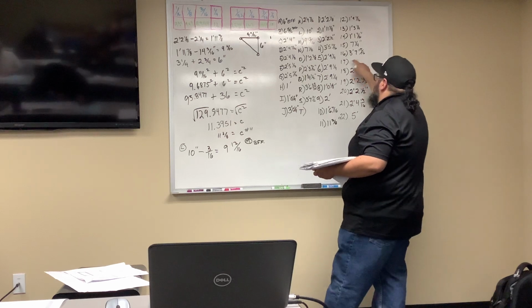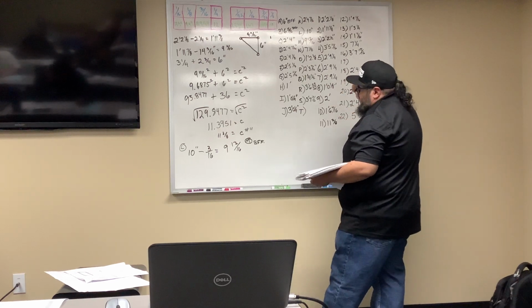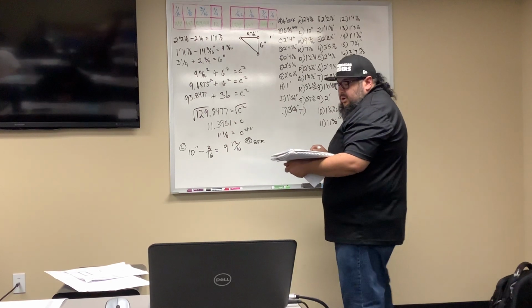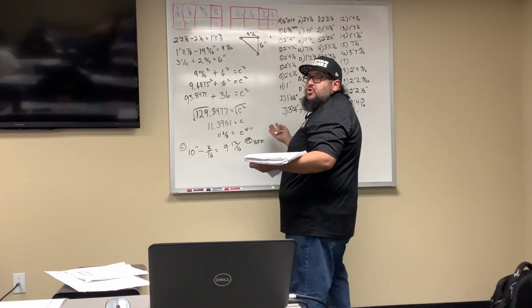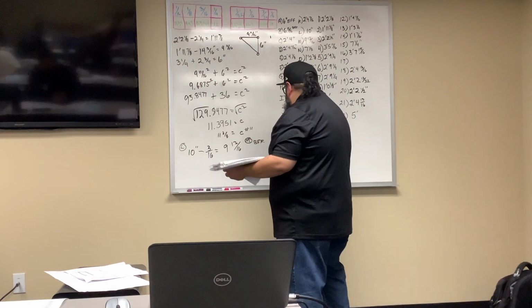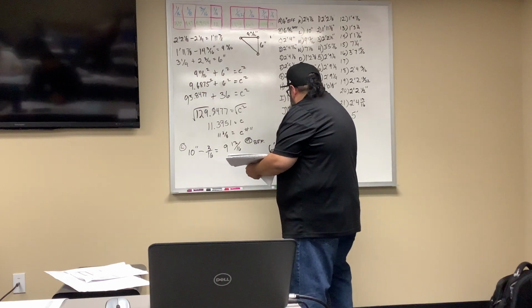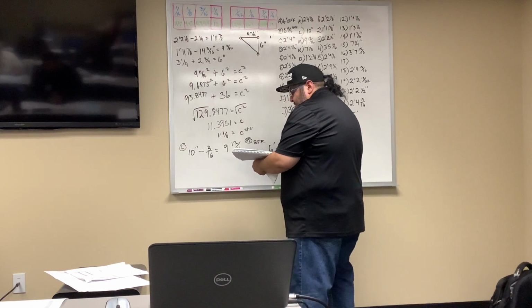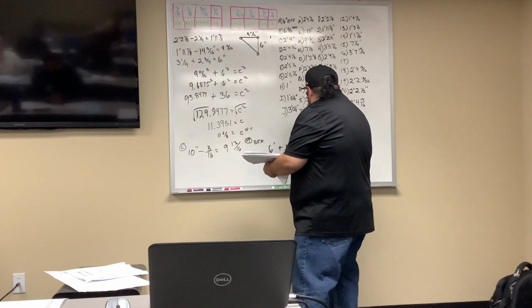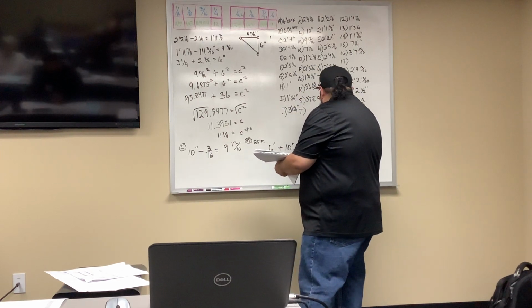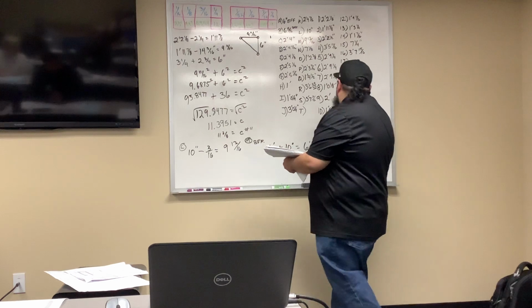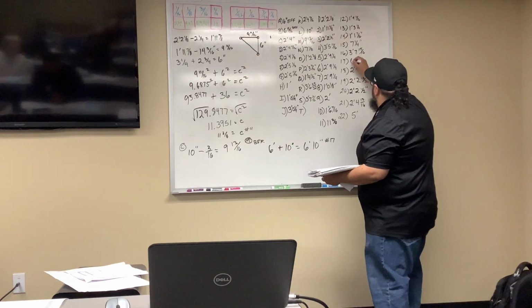Okay, still got two left to go. For 17, we terminate at 6 foot. So we take 6 foot plus 10 inches, and we get 6 foot 10 inches for number 17, center to end.